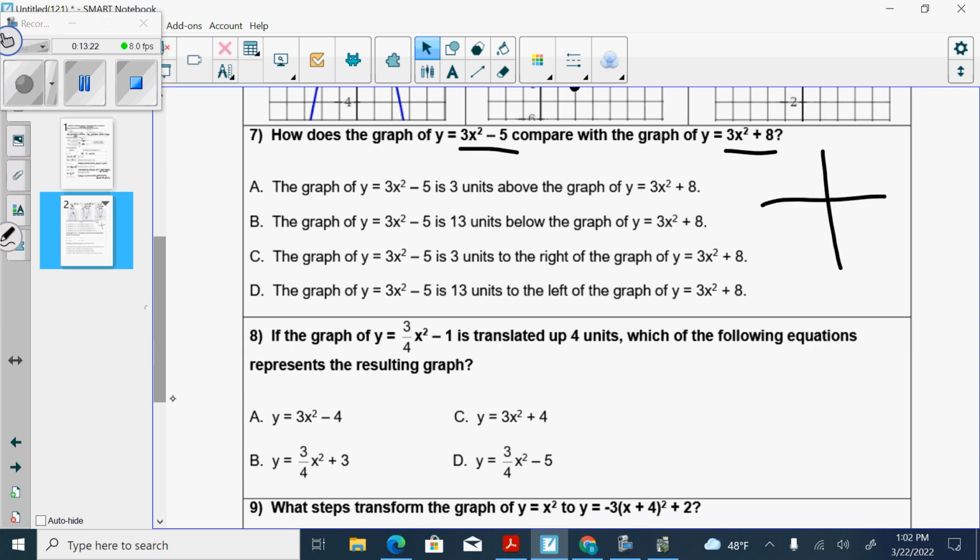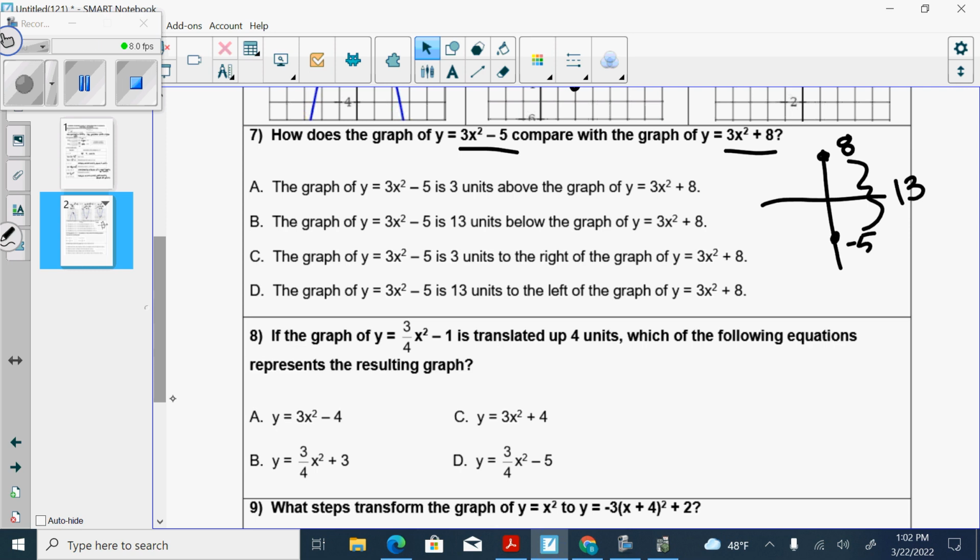So this one is at negative 5 down here. This one is at positive 8 somewhere up here. So how many points are between those two? 13, very good. So I need one that says that one is either 13 units above or below the other.